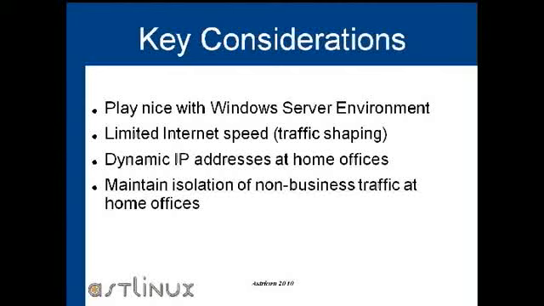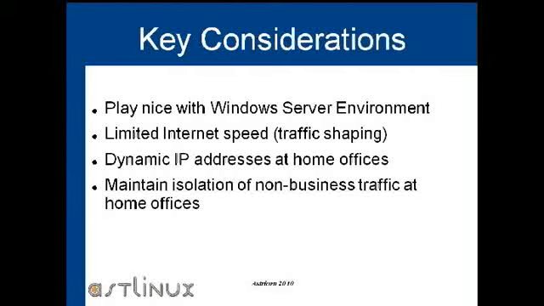The home offices were typically dynamic IP addresses, so OpenVPN handles that very nicely. You can connect back to the home office, and if the IP address changes, it just refreshes the connection and you're still connected. We also needed to maintain at those home offices, basically we'll plop in a device like that, it connects to their DSL router or their cable modem, and it acts as the gateway controlling the traffic and handing out a home address versus business address.